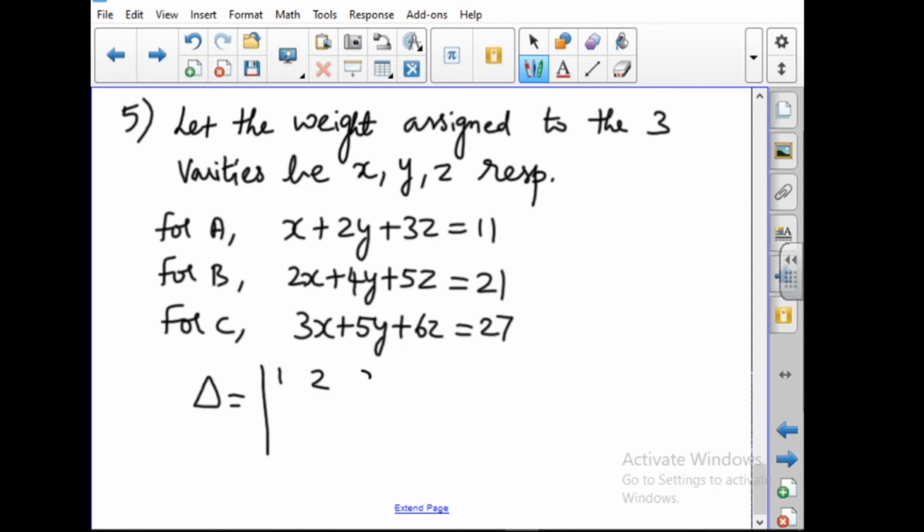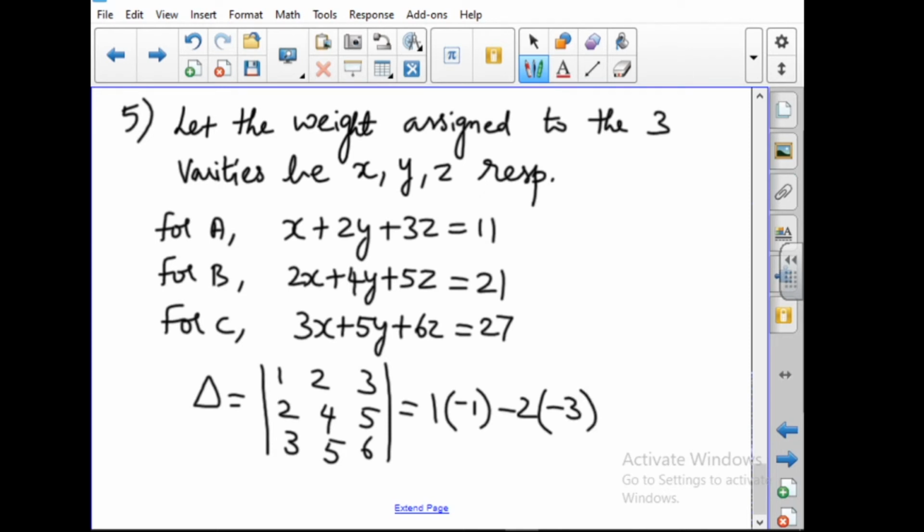So 1, 2, 3, 2, 4, 5, 3, 5, 6. So 1 into 24 minus 25, that is minus 1, minus 2 into 12 minus 15, that is minus 3.